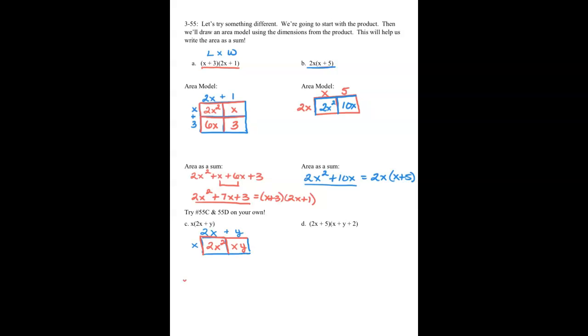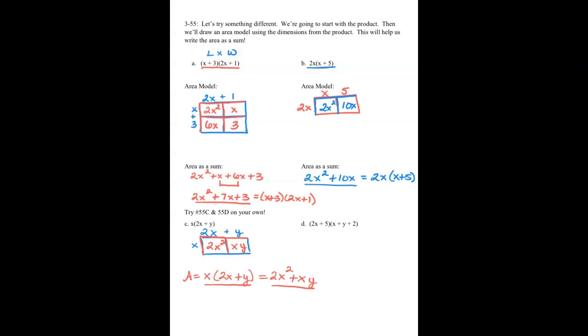So my area can be written as a product, x times 2x plus y, or as a sum, 2x squared plus xy. I can use my generic rectangle to multiply those two together and end up with that sum.